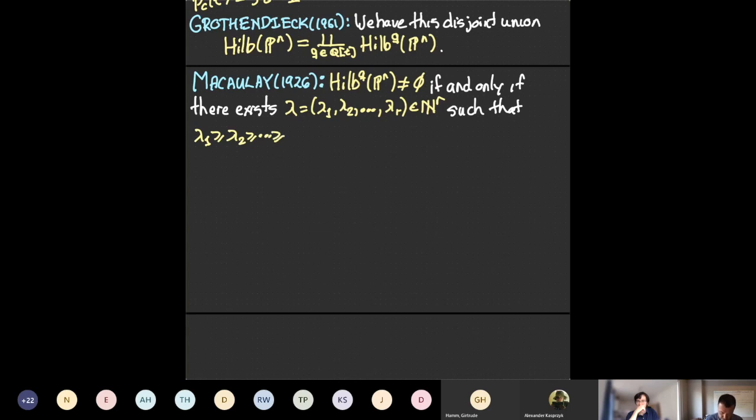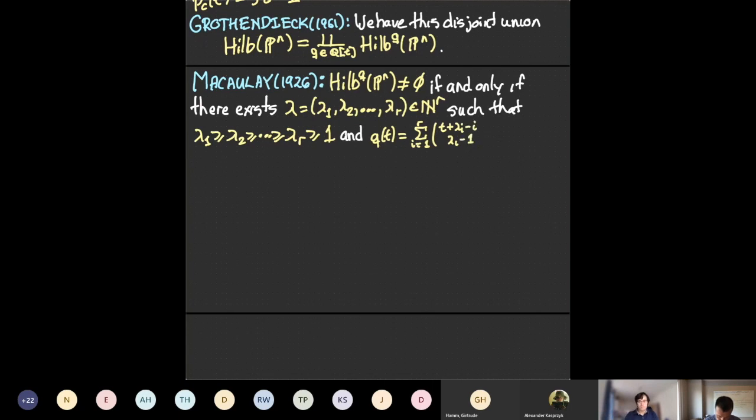So I think the combinatorialists would usually call such a thing an integer partition. And I will certainly use that language and think of this as an integer partition. And what does it have to do with the Hilbert polynomial? It tells us we can write the Hilbert polynomial as a sum of very special polynomials, namely those that can be expressed as binomial coefficients.